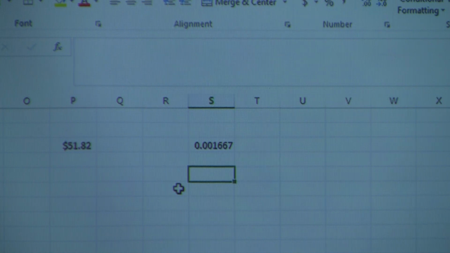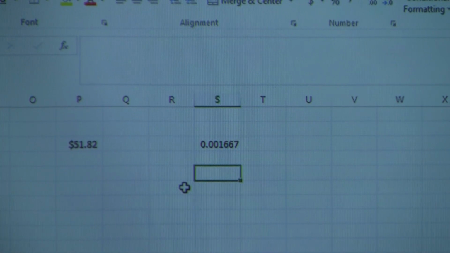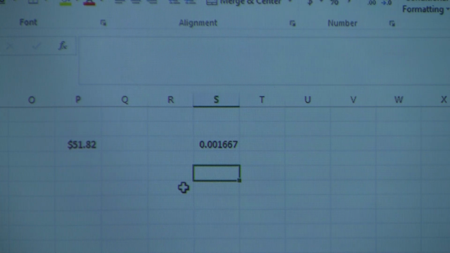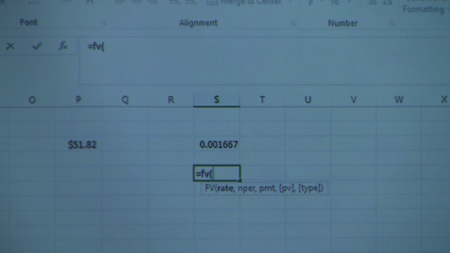And I'm looking for how much money I will have if I follow this savings plan for 24 months. So what kind of value am I looking for? Future value, good. So I use my future value formula. Here's my rate. What's my number of periods? 24, good.